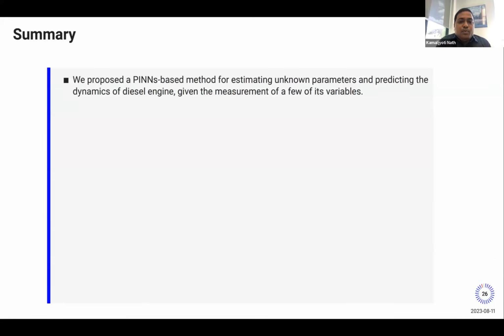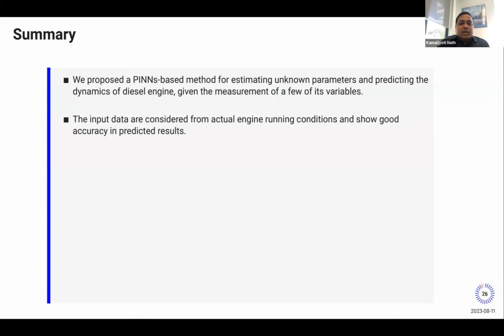So in the summary, we propose the PINN method for the estimation and prediction of dynamics of the engine and parameters, given a few measured values. The input is considered from actual running conditions. This is one of the difficulties because actual running conditions will have noise, so we have to control the noise and very fast dynamics.